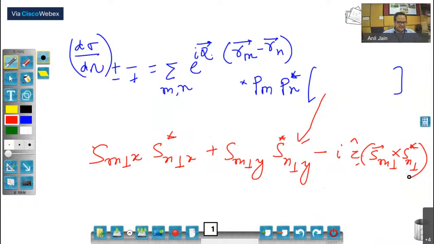One can easily see here that the S perp z component, so let me write it down again.